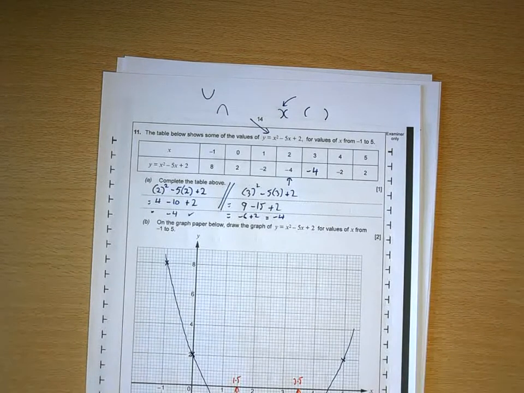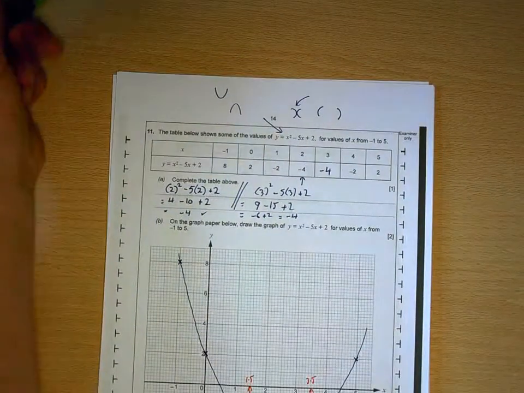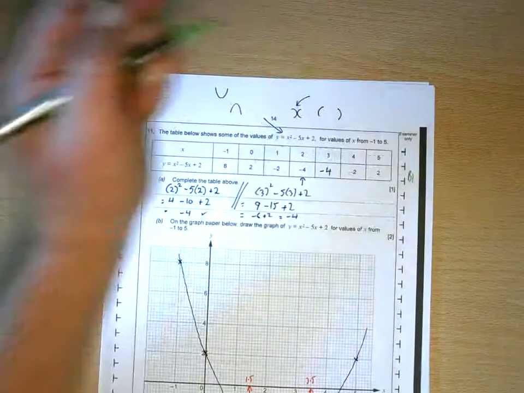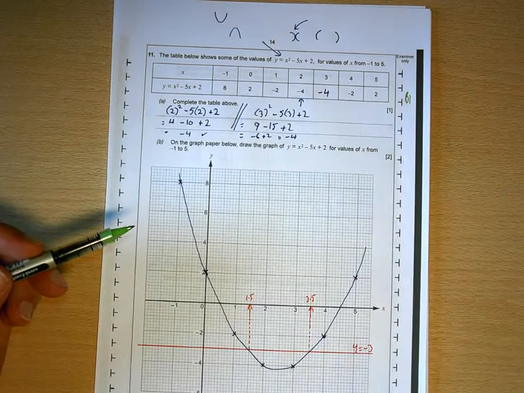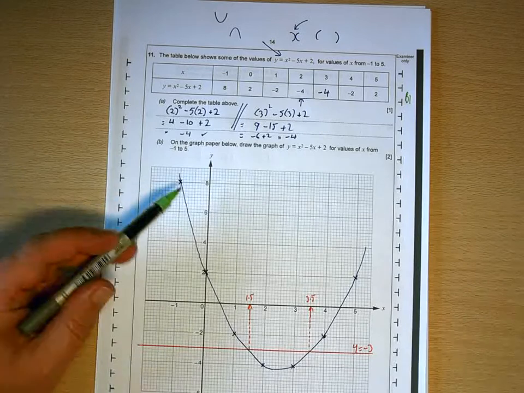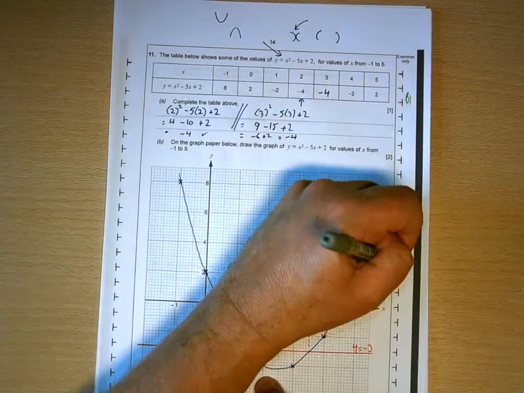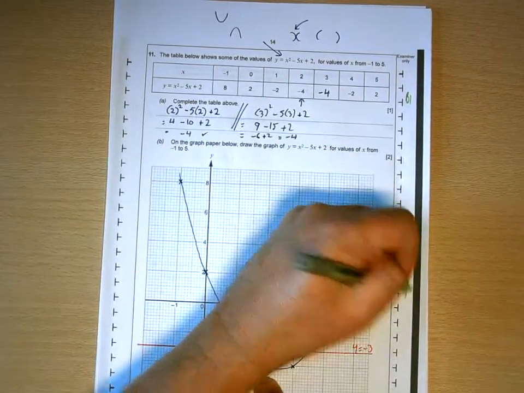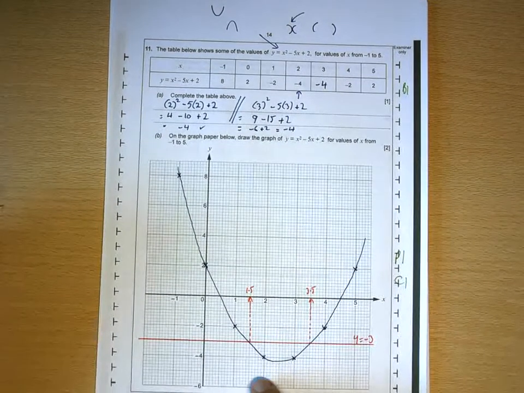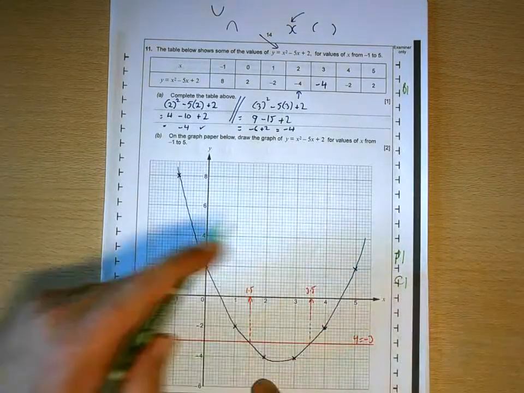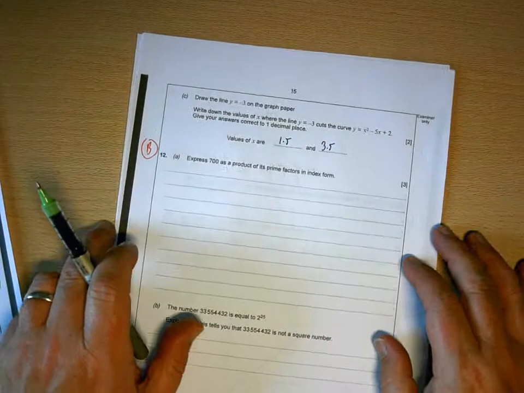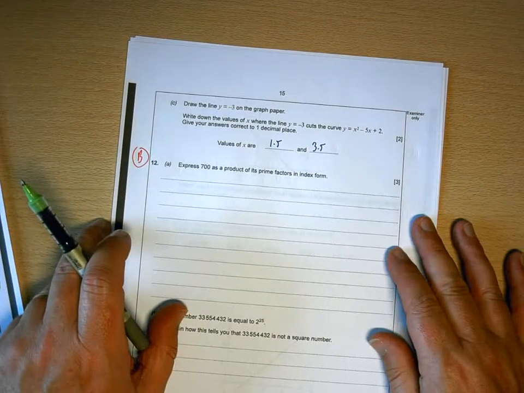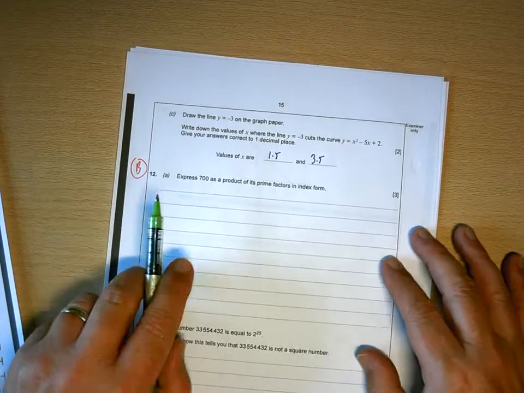So marks for that. 1 mark for -4. 1 mark for plotting the points. And 1 mark for drawing the curve. So it's P for plotting the points, C for the curve. And then 2 marks for this.